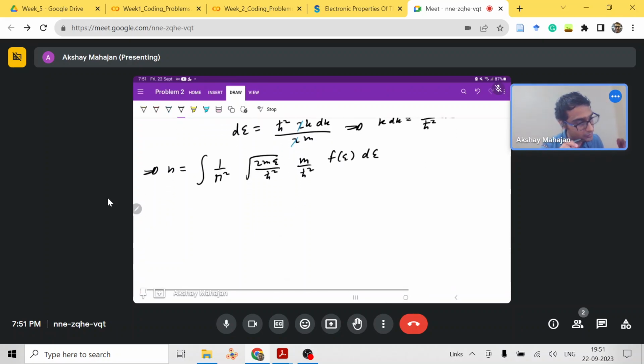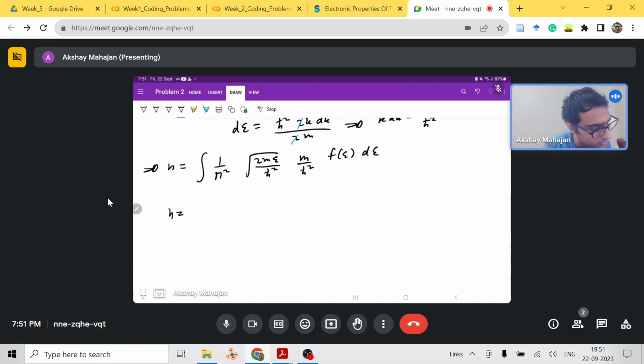After some more manipulation, with the energy going from 0 to infinity, I will have the integral of d epsilon, m upon pi squared h-bar squared times the square root of 2m epsilon by h-bar squared, times f.